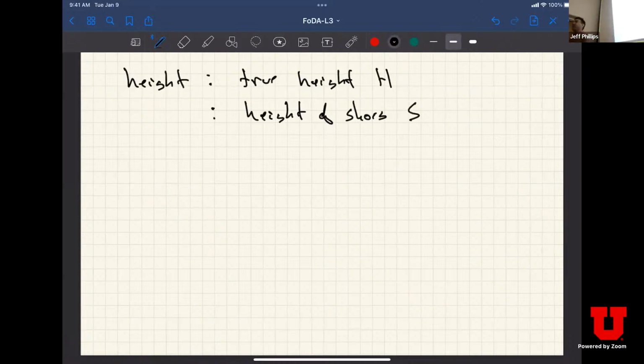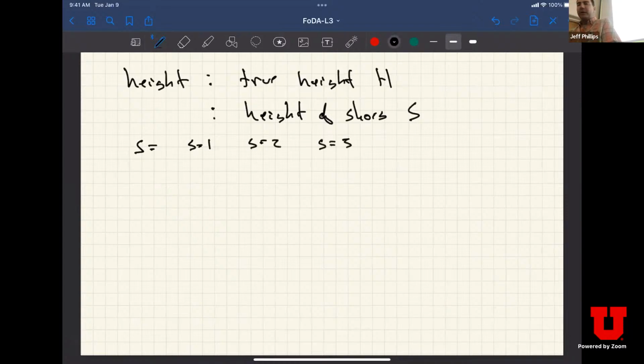If you look at basketball players at the combine or something, they were measuring their height in game. Some basketball players wear shoes that give them more lift. If you want to be really tall and you're standing on stilts, you're going to be a lot taller. Now you can't run around too well on stilts, but they do put height in the shoes. So the true height might be a continuous random variable, but the shoe might be a discrete random variable. So I can write this as a table.